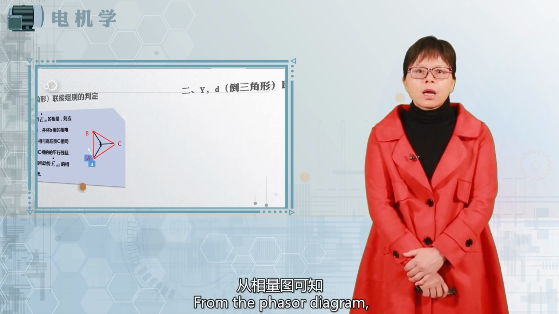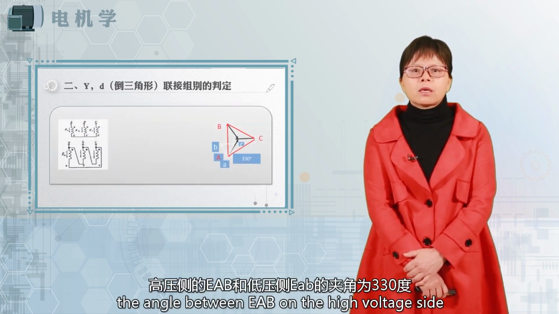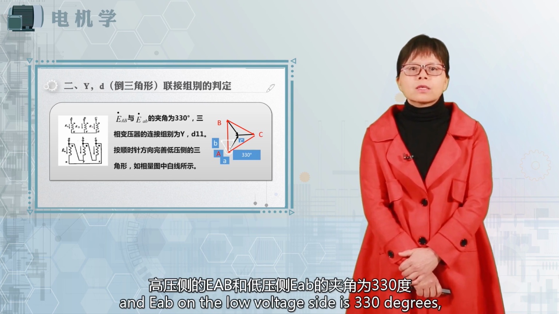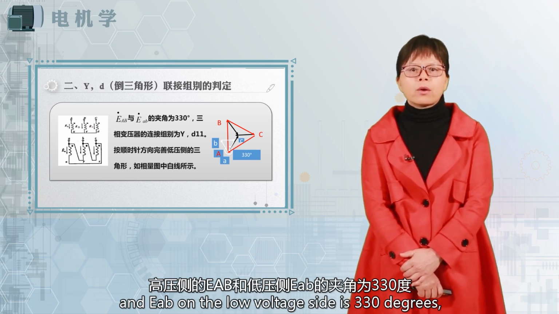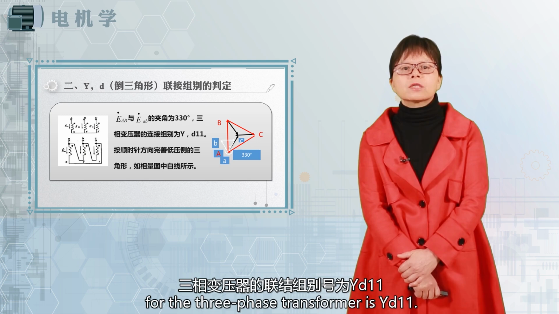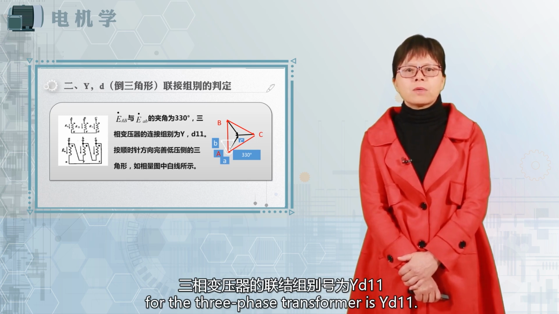From the phasor diagram, the angle between EAB on the high voltage side and EAB on the low voltage side is 330 degrees, indicating the connection group number for the three-phase transformer is YD11.